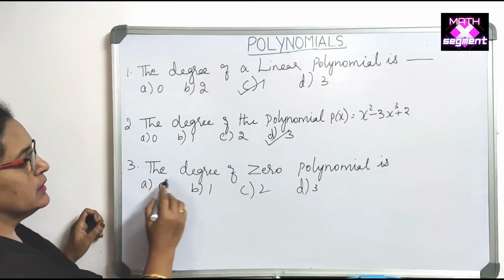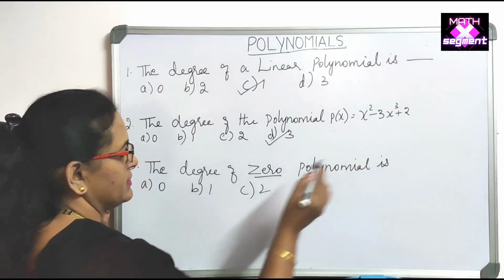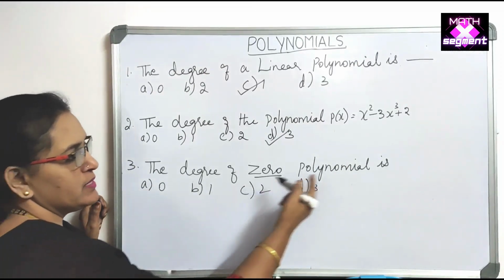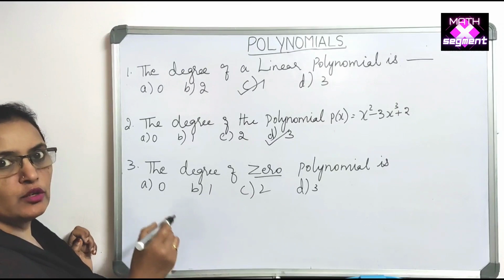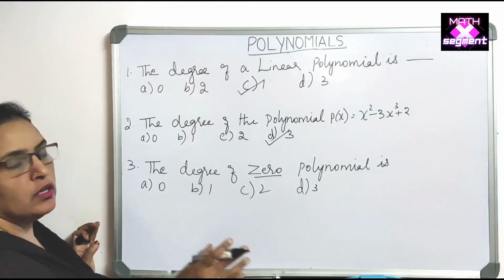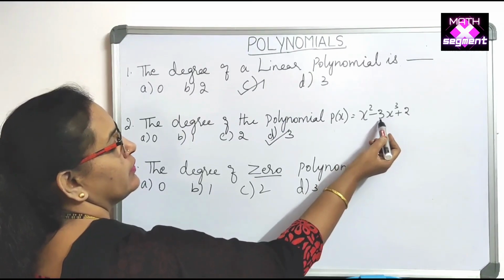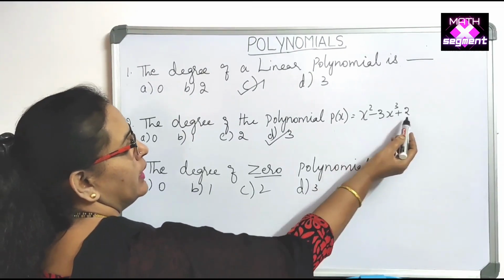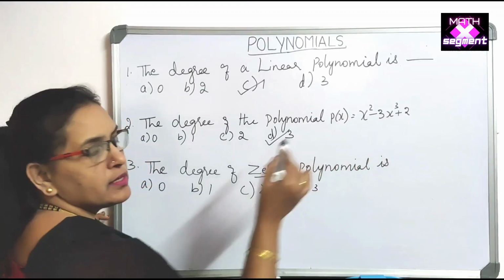The next question, the degree of the zero polynomial. So here, what do you mean by zero polynomial? Zero polynomial is a polynomial in which the coefficients are 0. For example, here you have a coefficient as 1, here you have a coefficient as 3, and you have a term as 2, but all these coefficients will be 0.